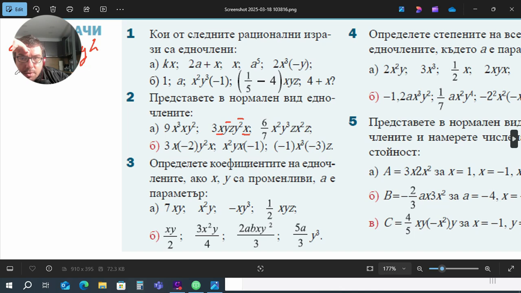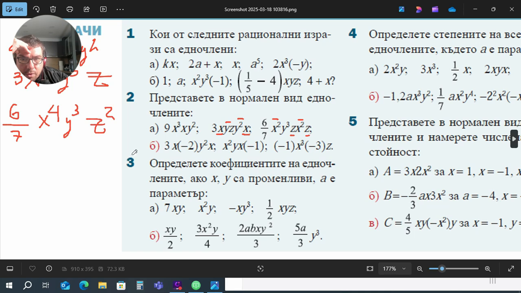So the next one will be 3x squared, x squared, y to the power of 3, and z. Okay, this is my standard form. The next one, I have x to the power of 2, x to the power of 2, z and z. So the next one will be 6 over 7, x to the power of 4, y to the power of 3, and z to the power of 2.